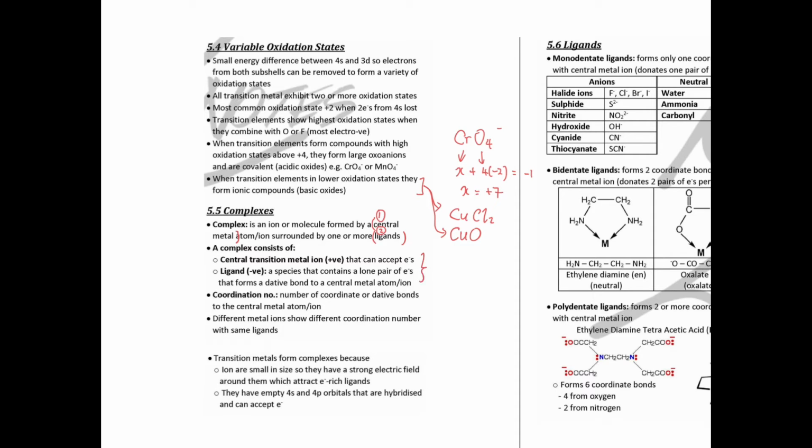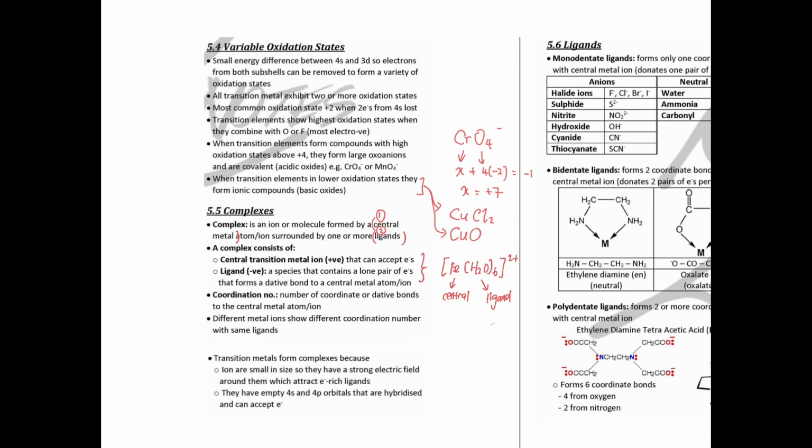So I put one example here: Fe(H2O)6 2+. So this is the central metal, or central transition metal, and the H2O is the ligand.